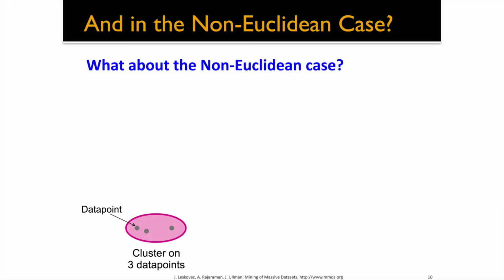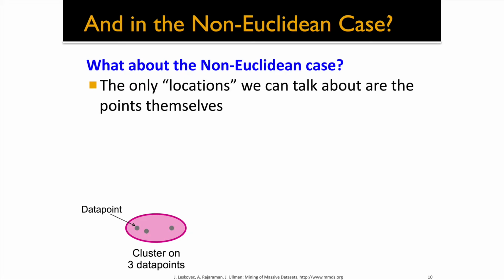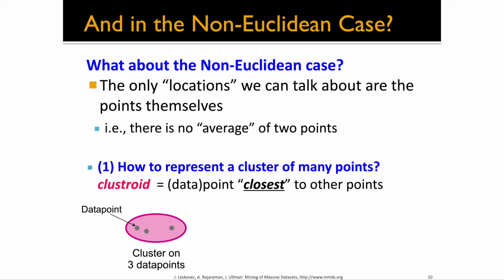We can contrast this with the non-Euclidean case, where we can no longer talk about averages of points, and instead locations can only be referred to by the points themselves. Given this case, like I said, we can no longer talk about averages, so we introduce a different representation here called the clustroid, where the clustroid is defined as the point that's closest to all other points in a particular cluster. So in this visualization at the bottom, you have three data points in this cluster.